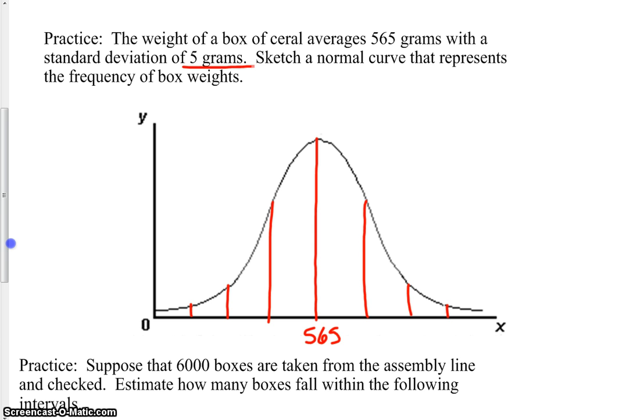The standard deviation was 5 grams, so basically we're just counting by 5s here. So 565, 570, 575, 580, and the 4th standard deviation would be 585. Counting backwards, we have 560, 555, 550, and the 4th standard deviation would be 545.